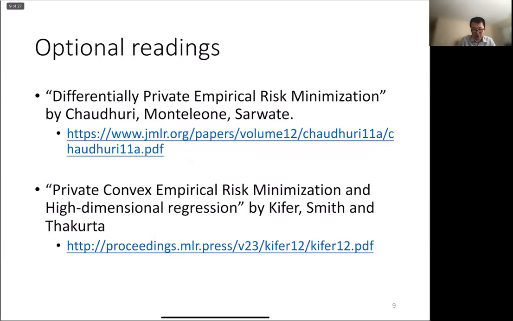Okay, so here are some of the optional readings, and you should be able to get all the information you need from the lecture slides and the scripts themselves. But if you are interested in learning more and reading the original paper, here are the references that you can look into, for output perturbation and objective perturbation.